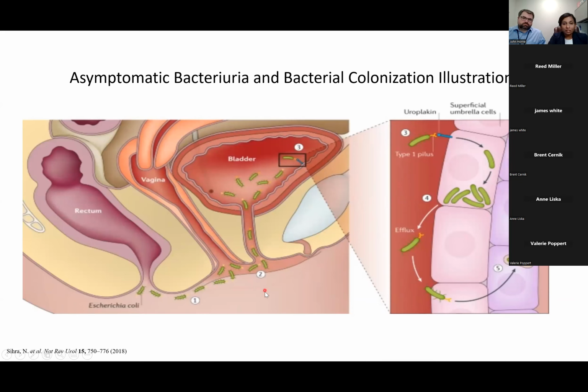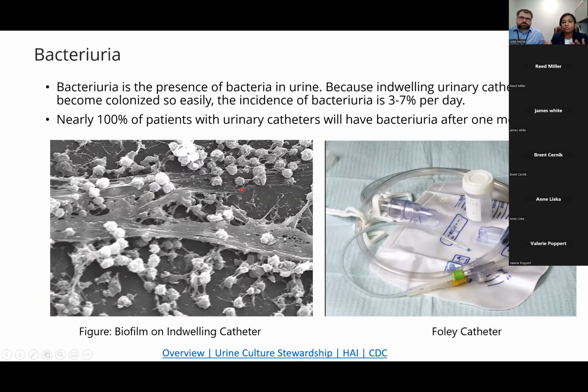So even if you take the Foley catheter out, even if you do a straight cath, you definitely colonize the bladder with the same bacteria. So you're going to get more than 100,000 colonies growing, but if they have no symptoms, they should not get treatment.